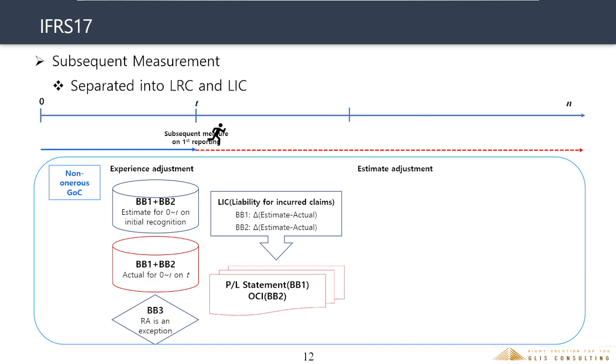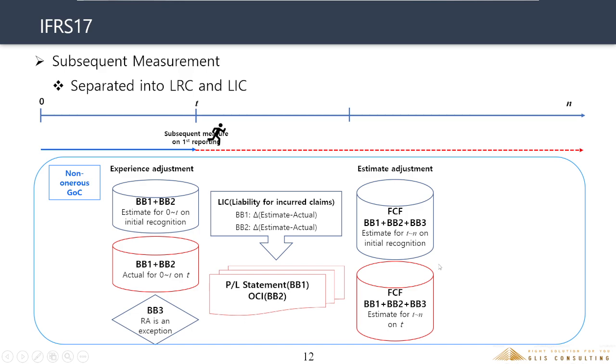That is it. And also we have to measure the future again. So again, this is what I have done on an initial recognition for the period between T and N. There's a fulfillment cash flow, and then right now at time T, I measure again for the period between T and N, and there might be a difference.